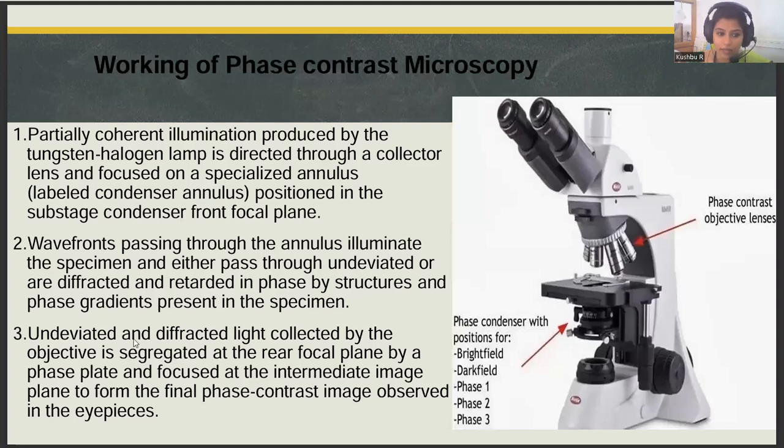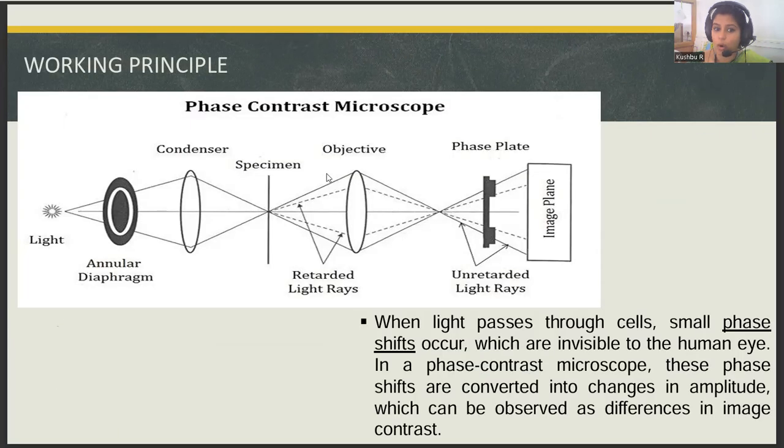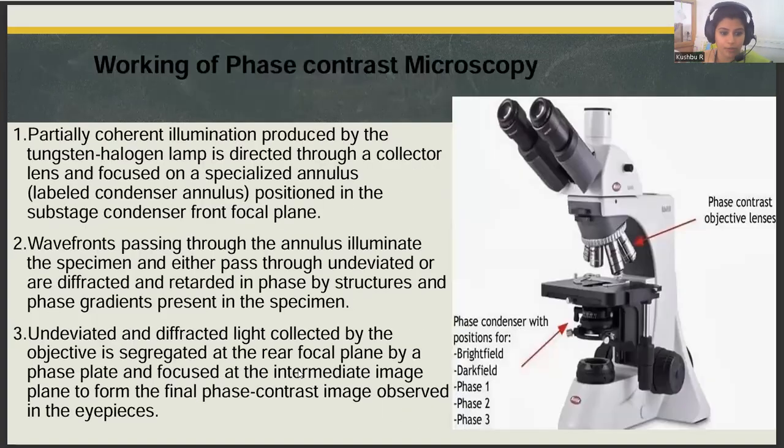Now, the undeviated light and the diffracted light collected by the objective are segregated. That quantification is done by your objective lens. The segregation of the retarded and unretarded light rays occurs in the objective lens, which helps us to magnify the image.